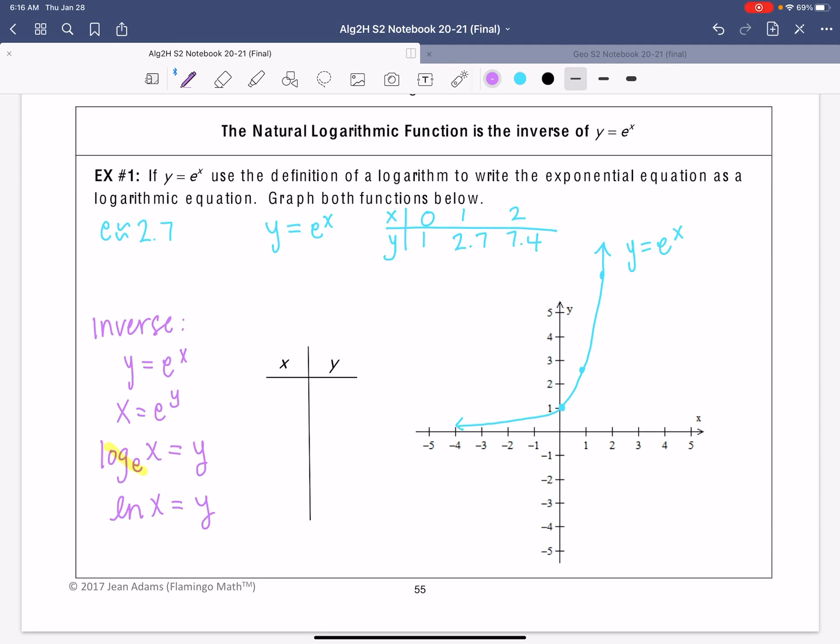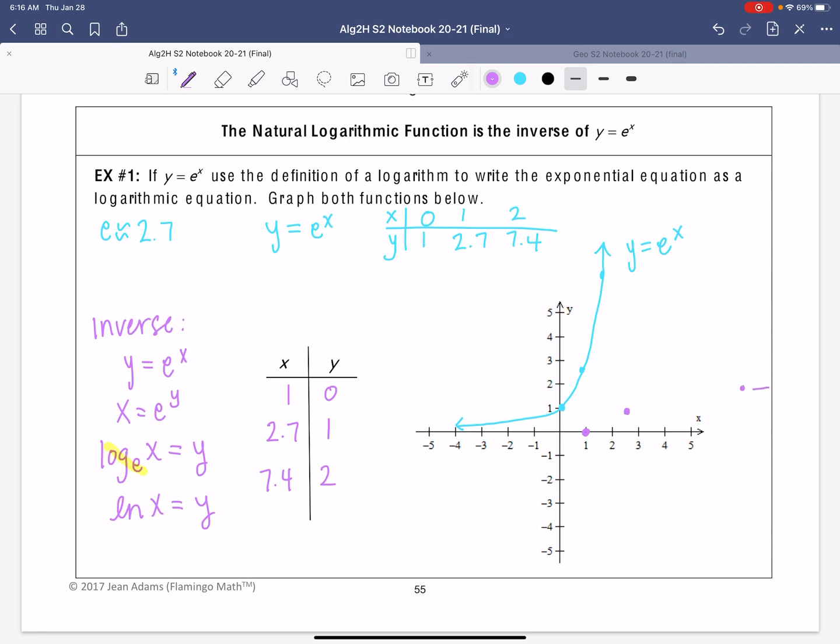All right, so when we go ahead and graph this or make a t-chart, the easiest way to make a t-chart is taking your inverse function and swapping all your x's and y's. So that's precisely what we're going to do. We're just going to swap all of these points. So now we have (1, 0), (2.71, 1), and (7.42, 2) approximately.